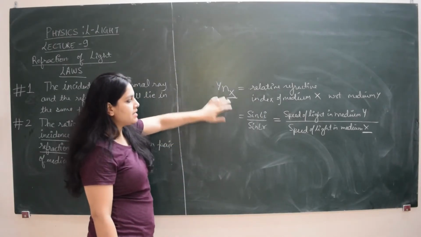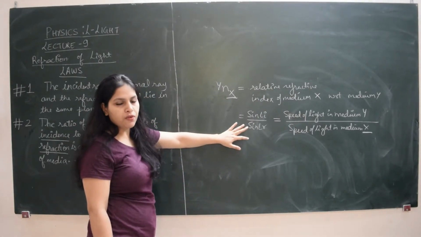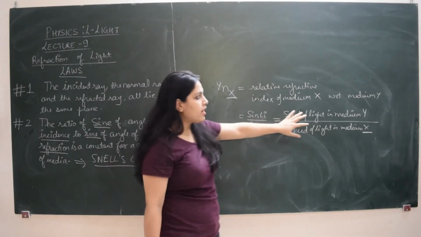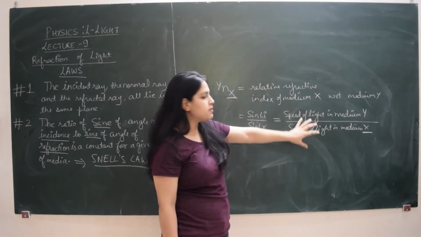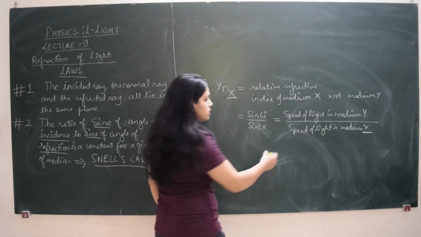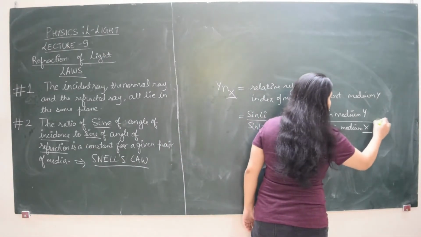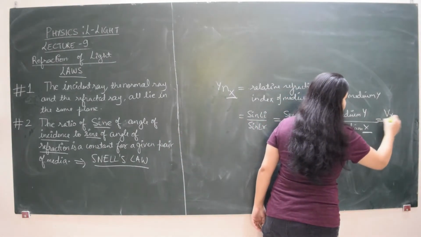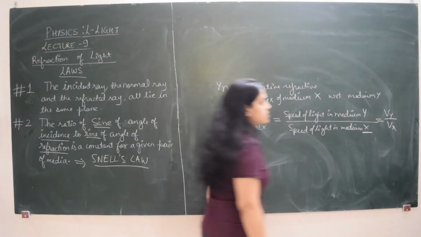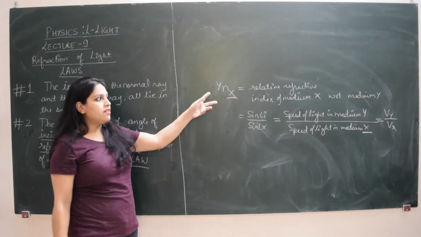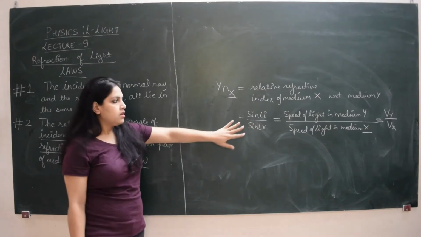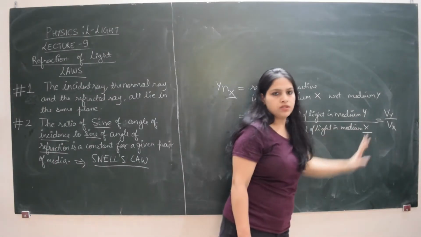So Y and X can be written as sin I by sin r if you are provided with angles, and if you are provided with velocities of light in these mediums, then you can solve this using this relation also, and it can also be written like this in short, Vy upon Vx. So for relative refractive index I have obtained two relations, one with angle and one with velocities.